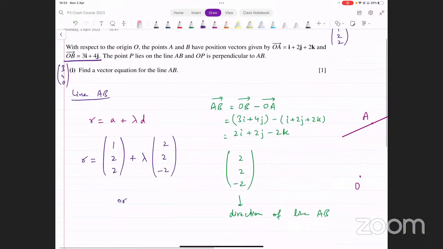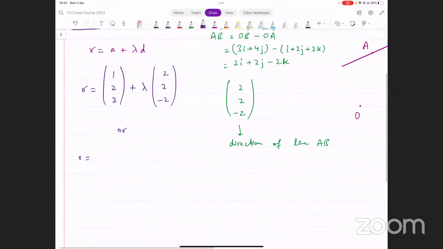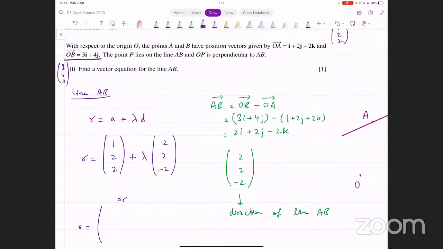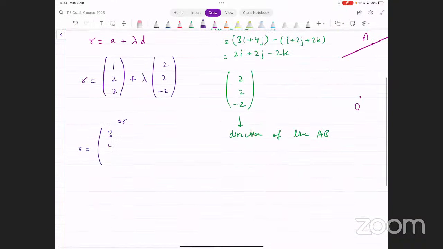In that case, the line's equation would become OB, which is 3, 4, 0, plus lambda into the direction, which is 2, 2, minus 2 in this case. This is another possible equation of this line where we are using the other point. Instead of 1, 2, 2, we are using 3, 4, 0, and this equation is also correct.